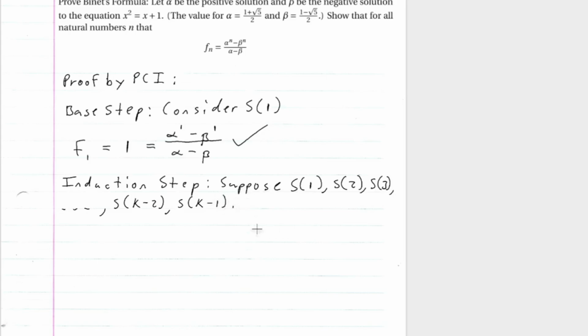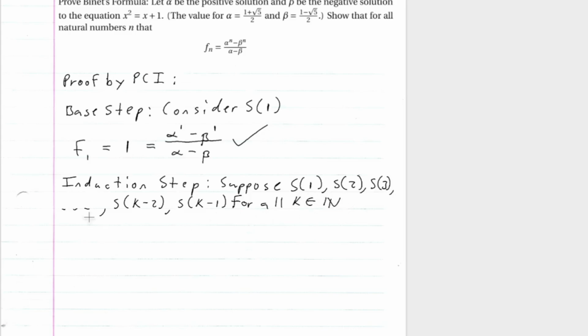All right, so that's how the principle of complete induction works. You suppose all the previous terms are true, and then assuming that, you want to prove that the next term is true, which in this case would be k, right? That would be the next term in the sequence, for all k contained in the natural numbers.